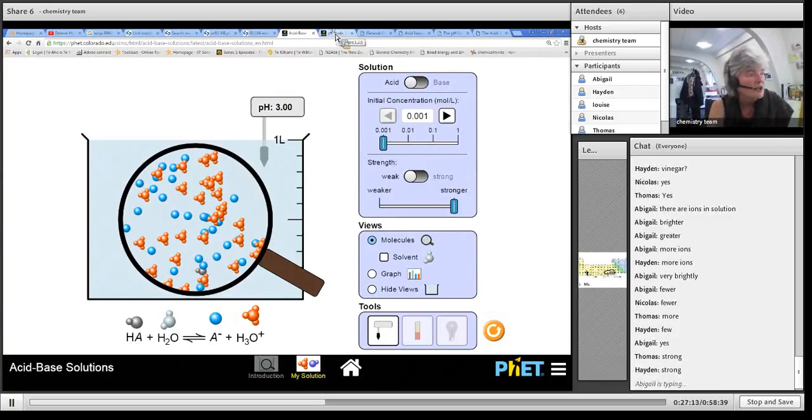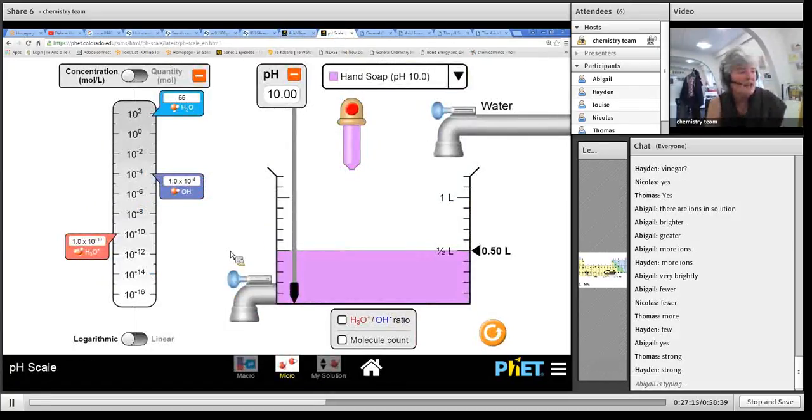Now, the pH scale is another simulation by PhET, and what this is useful for is it shows you what happens to the hydronium ions and the hydroxide ions. I'm just doing logarithmic, okay?